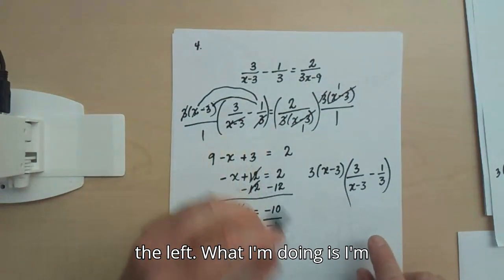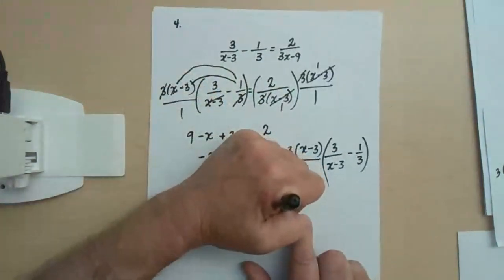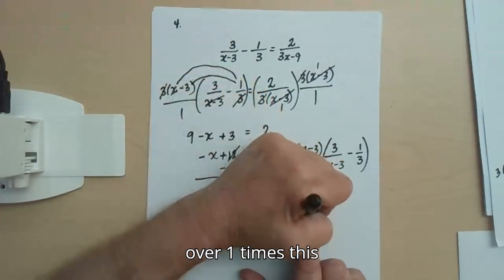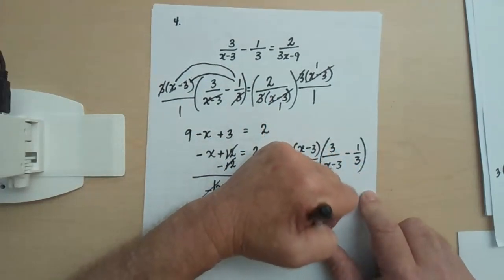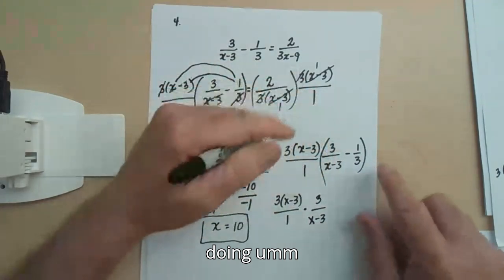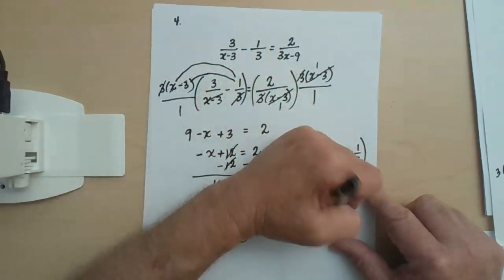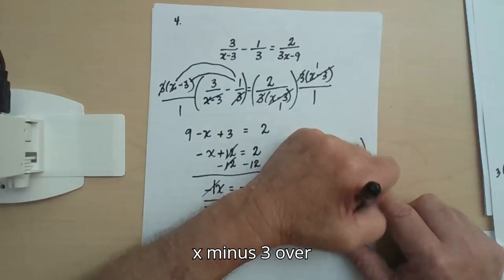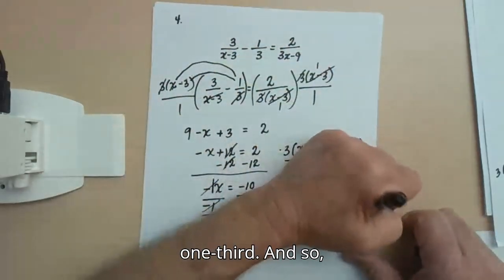So there's that left side, exactly what we're doing on the left. What I'm doing is I am distributing this LCD. So I'm doing 3 times x minus 3 over 1 times this first term, 3 over x minus 3. And then I'm doing minus 3 times x minus 3 over 1 times 1/3.